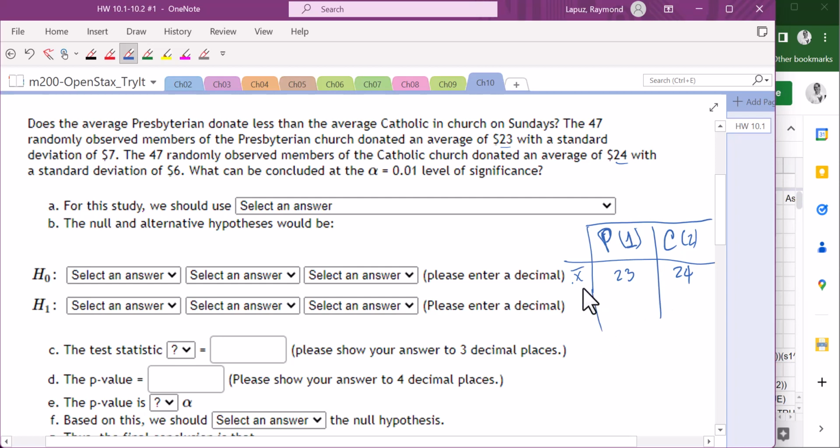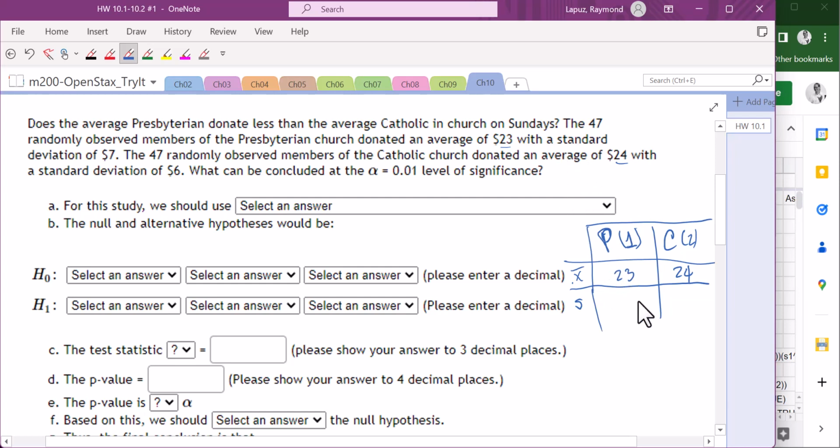Doesn't look like there's going to be a big difference here, so we're probably not going to be able to reject the null hypothesis that they're equal, because they look pretty close to each other. It kind of depends on the standard deviation as well.